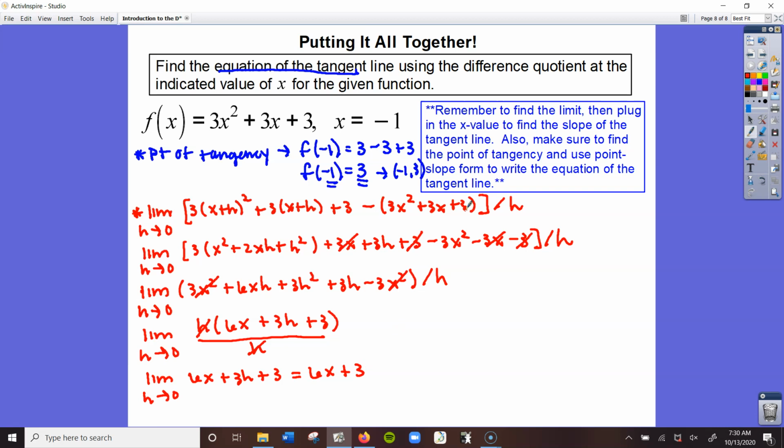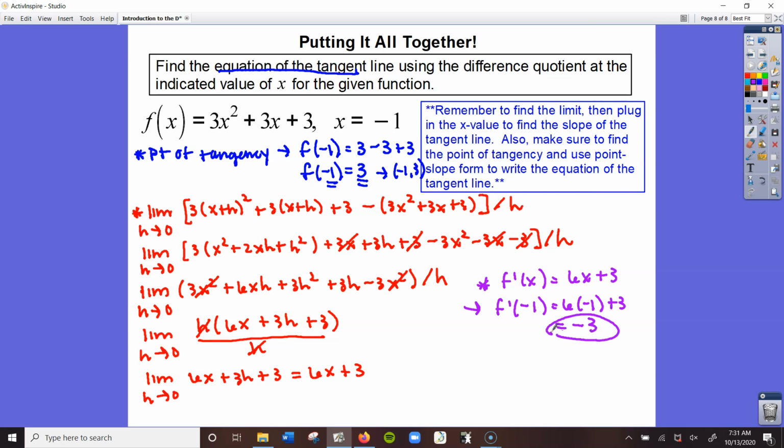So what does that mean? That means that f prime of x is equal to 6x plus 3. So this will give me my slope of the tangent line. But what I need is the slope of the tangent line when x is equal to -1. So if I plug in -1, I get 6 times -1 plus 3, which is equal to -3.